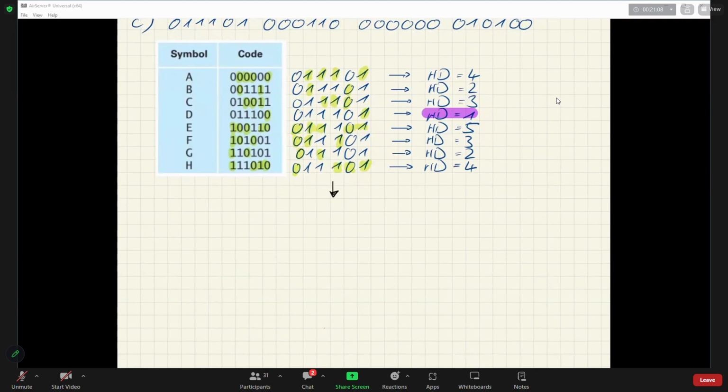So in this case, 0, 1, 1, 1, 0, 0, and that's a D. So with a Hamming distance of 3, the original bit pattern has a Hamming distance of at least 3. And with a Hamming distance of at least 3, I can detect 2 errors and correct 1.